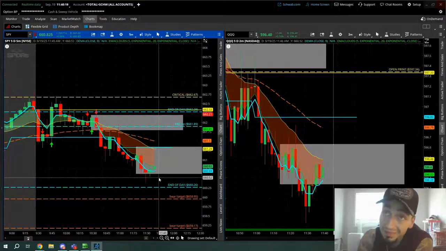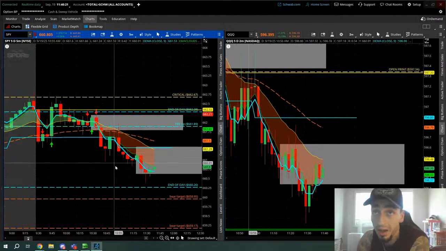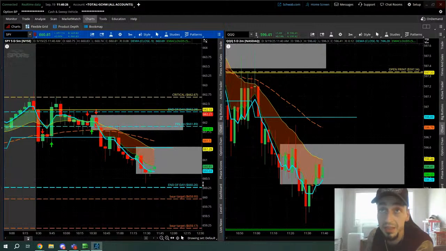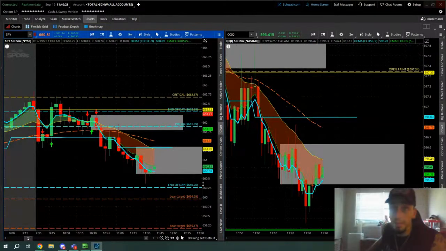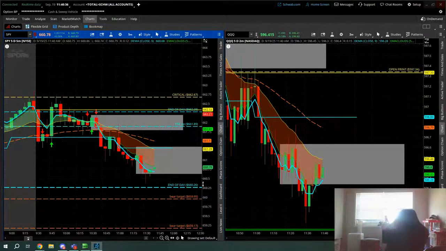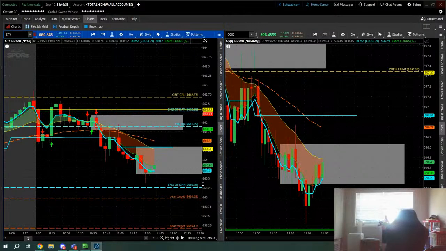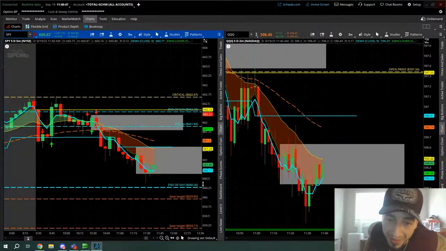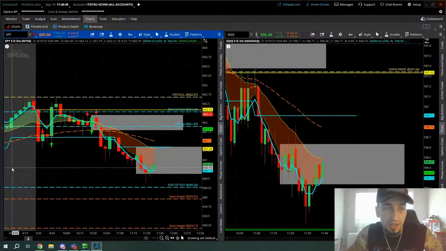According to how it works, we could easily see a move here down to EOD. Hold up. And that, my friend, is why we didn't rush into the QQQ short play.